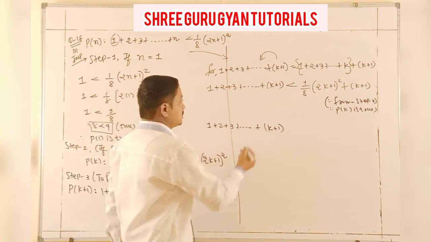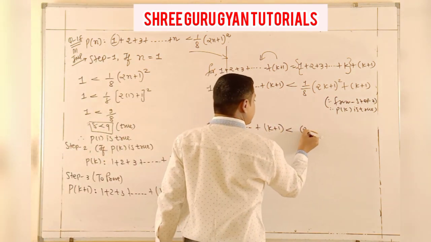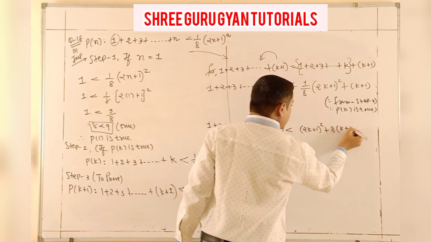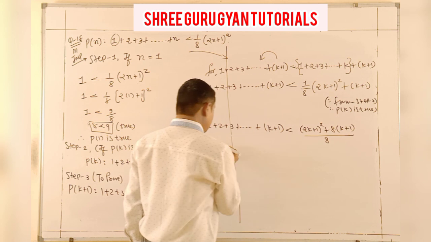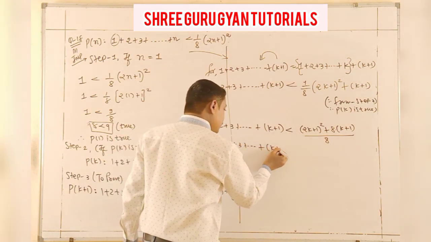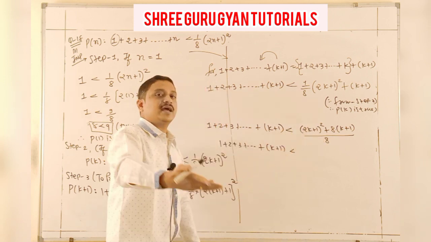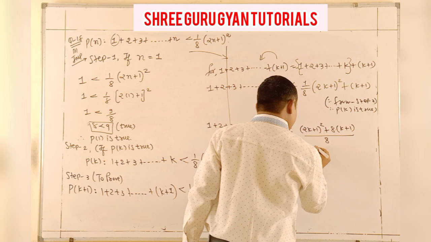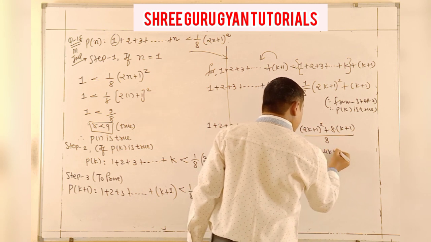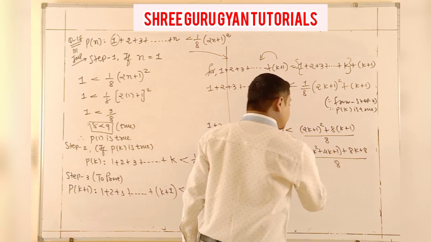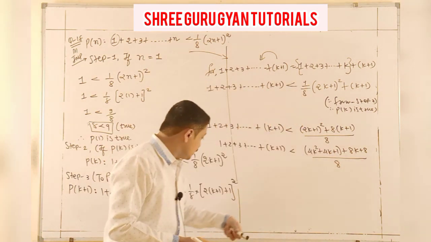Now students, here I am taking the LCM: 2k plus 1 whole square by 8, with k plus 1 by 8. So 1 plus 2 plus 3 plus up to k plus 1. And now here expand: 4k square plus 4k plus 1 plus 8k plus 8 by 8. I am sure that is your proof.